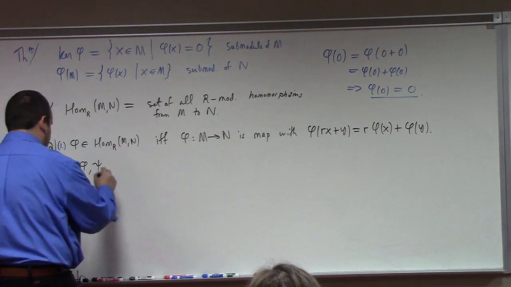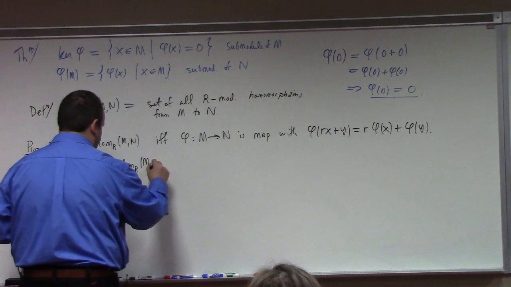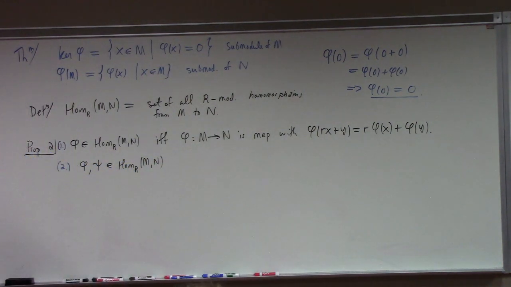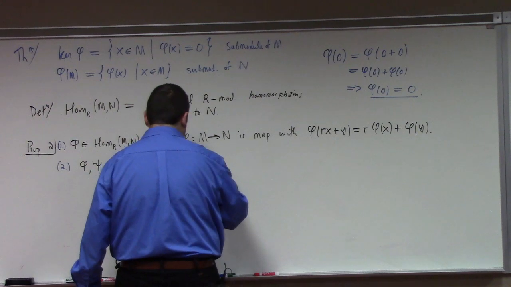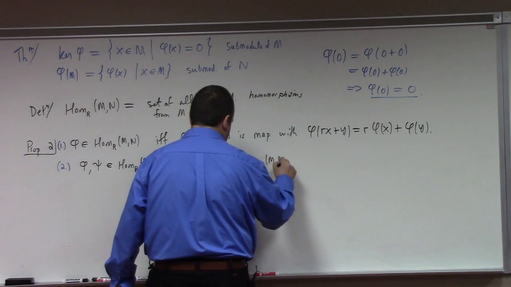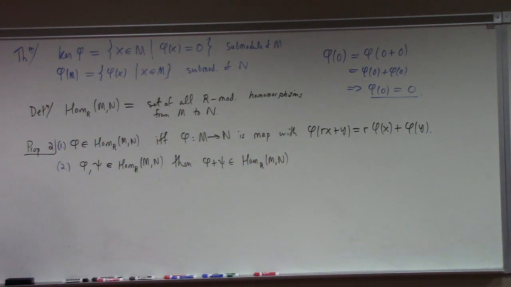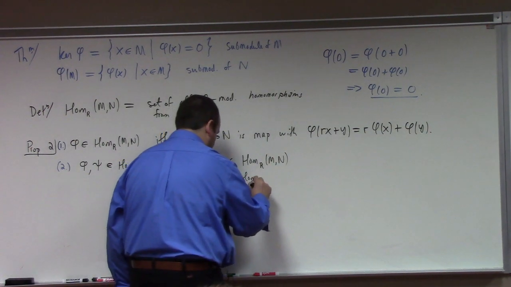Here he says phi and psi are elements of Hom_R(M,N), the R-module homomorphisms from M to N. If that's the case, then phi plus psi is also an element of this, and also R phi is an element of this.